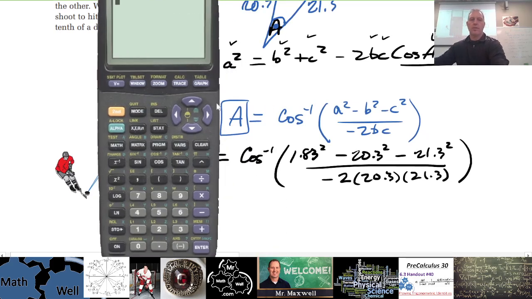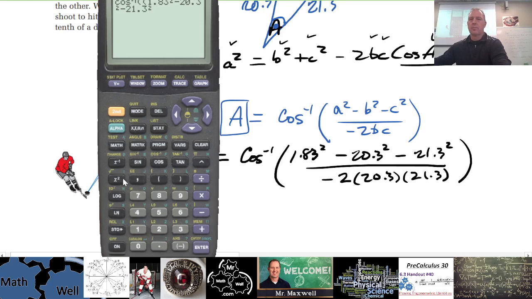So I'll turn that on. Inverse of cos, cos to the -1 of. Now we might need to add some brackets here so our calculator knows exactly what we're trying to say. So I'm going to add another set of brackets to do 1.83 squared minus 20.3 squared minus 21.3. Are those both 0.3s? Yeah.